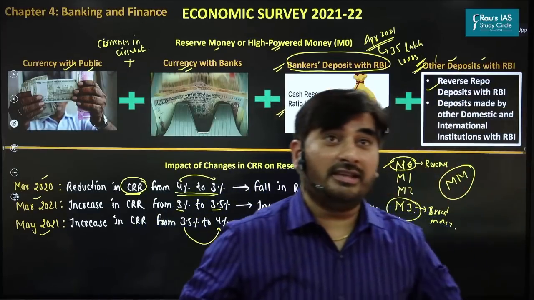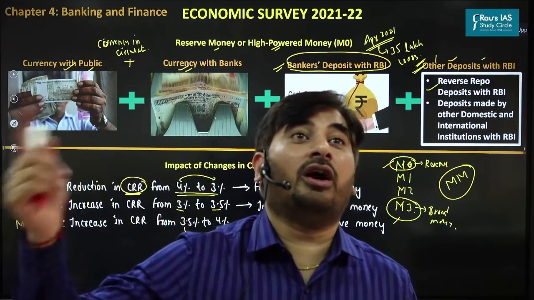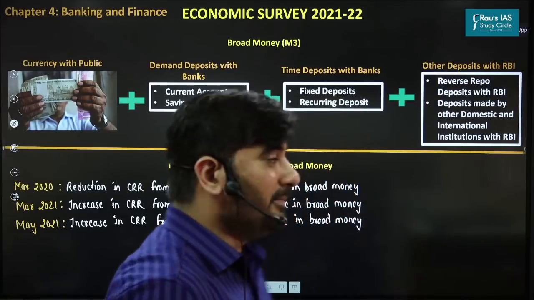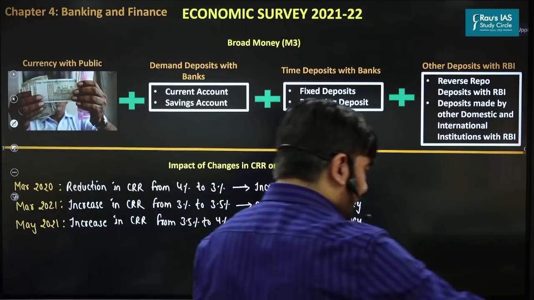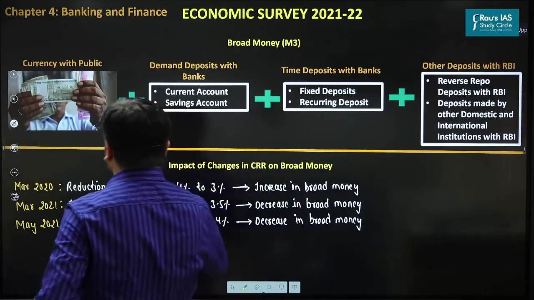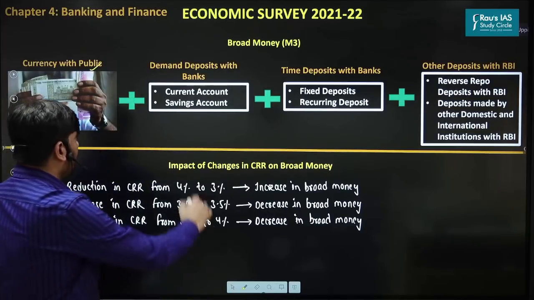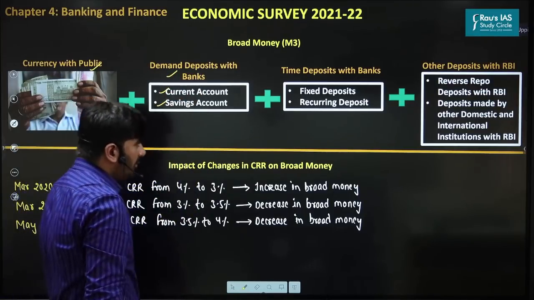Now we are going to see how changes in CRR are going to have an impact on the broad money. Clear? Now look at this broad money. So what is broad money? M3. Now M3 basically includes, first, currency with the public. Second, demand deposits with the banks, that is current account deposits and savings account deposits.